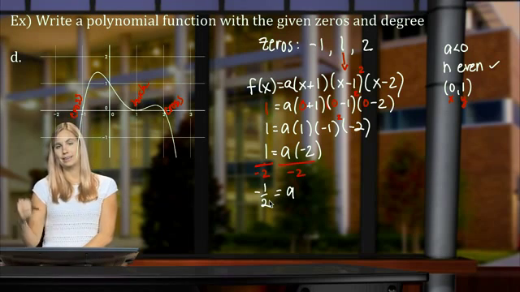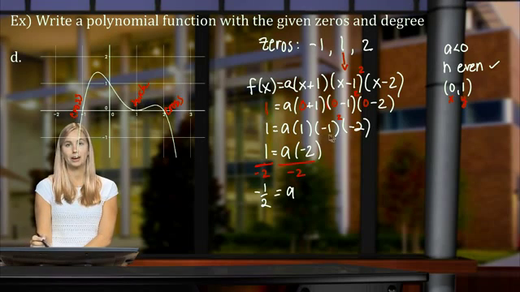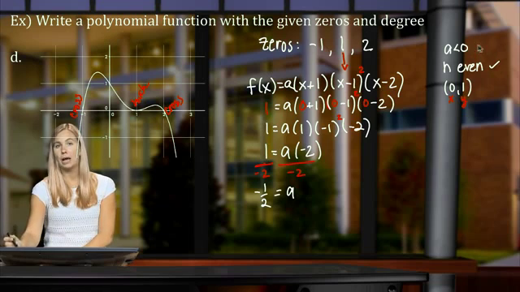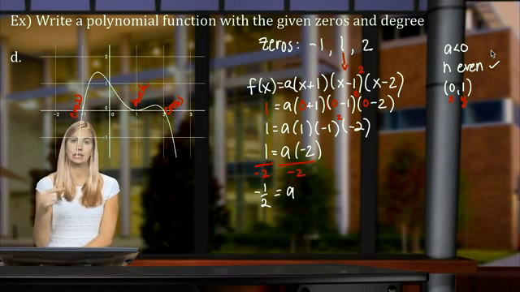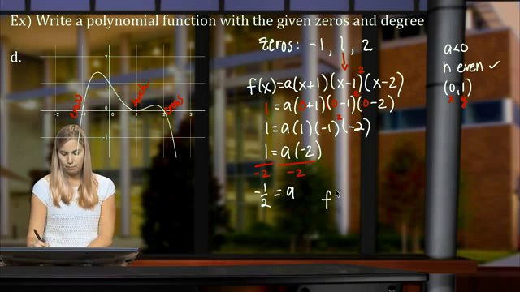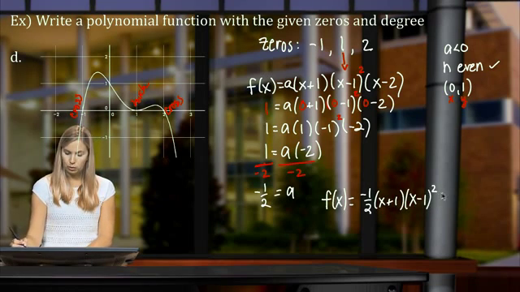What I was kind of foreseeing before was that I wasn't going to have a negative here. When I multiply a negative times a negative, I was going to get positive, but I knew that my lead coefficient had to be negative because of my tails. So now I can write a model: f of x equals negative 1/2 times x plus 1 times x minus 1 squared times x minus 2.